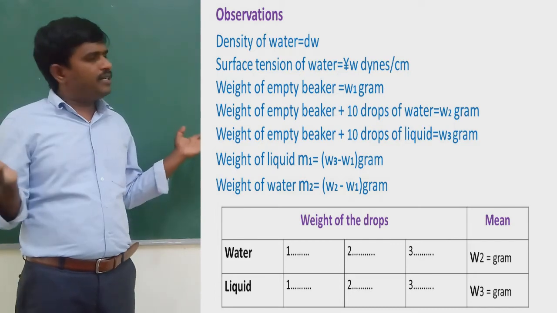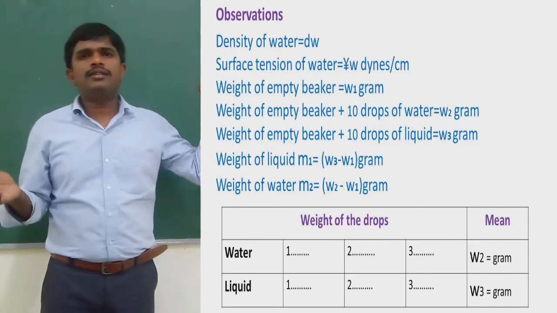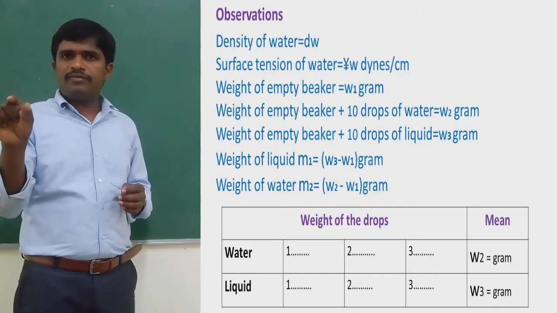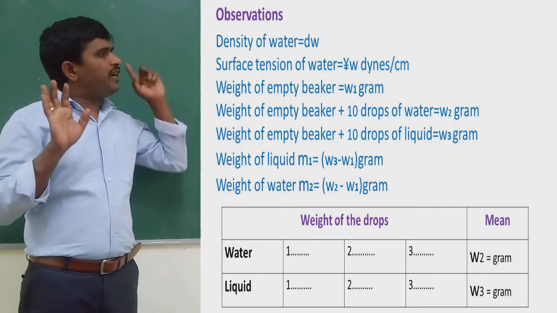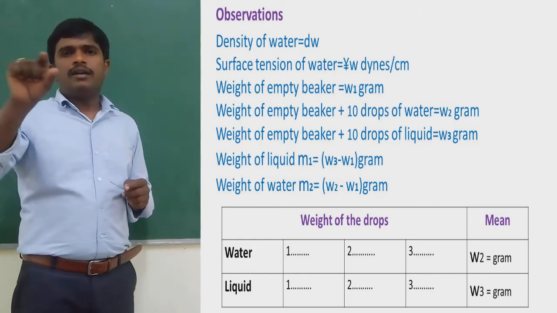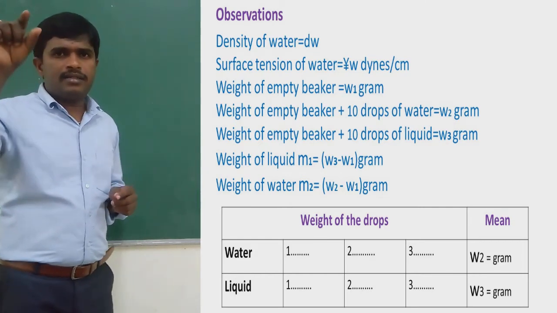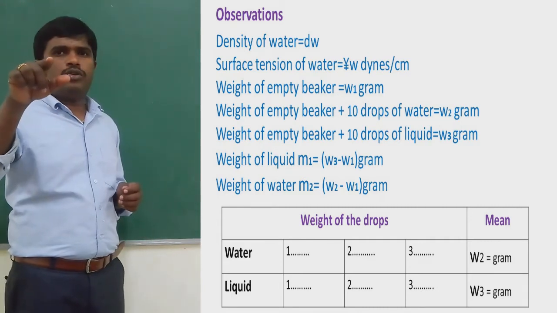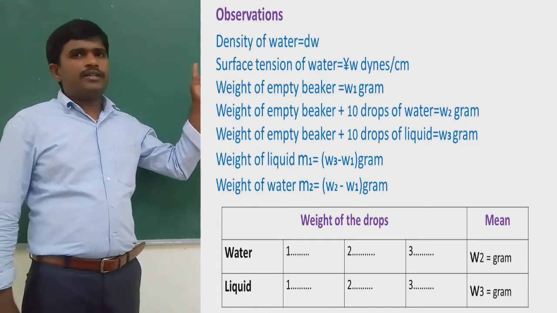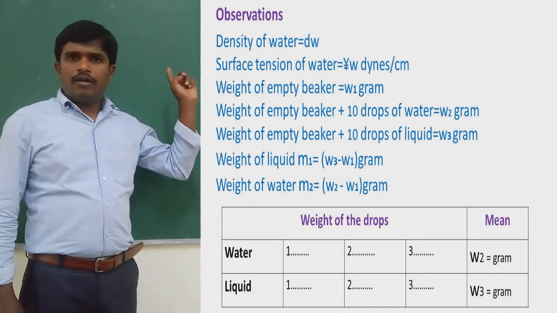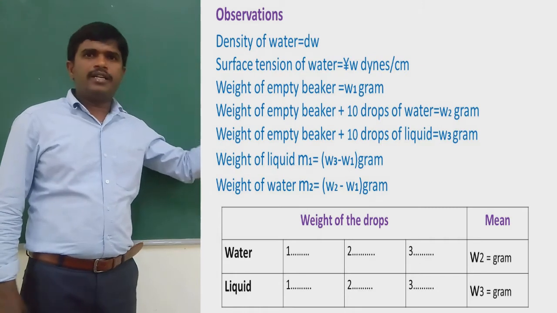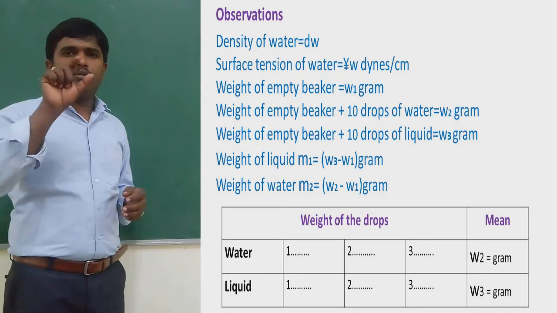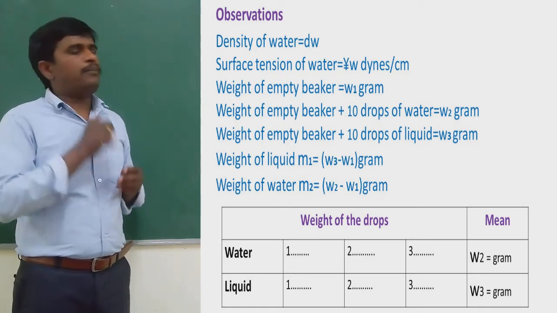So weight of the liquid is W3 minus W1, that is weight of the empty beaker plus 10 drops of liquid minus weight of empty beaker. This is represented as M1. Weight of water, that is M2, is equal to weight of empty beaker plus 10 drops of water minus weight of empty beaker, that is W2 minus W1 gram.